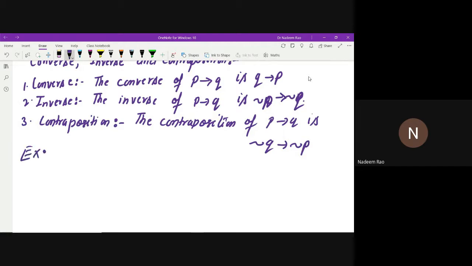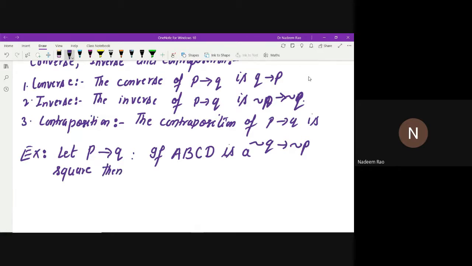Let P implies Q: if ABCD is a square, then it is a rectangle.